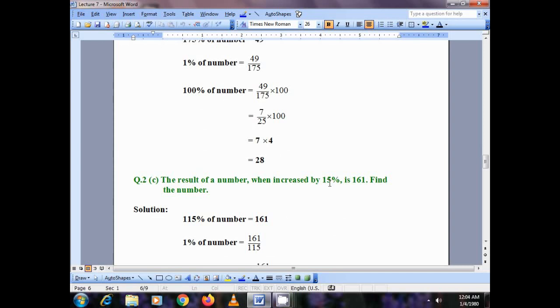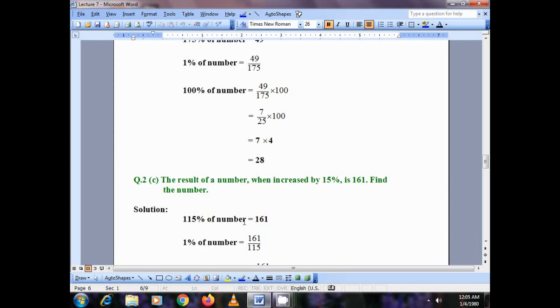Just as we have done in question number 1, if it is given increased, we will add this percentage to 100, and if it is given decreased, we will subtract this percentage from 100. So let's start the solution of this question. Since it is given increased, it means that 15% will become 115%.